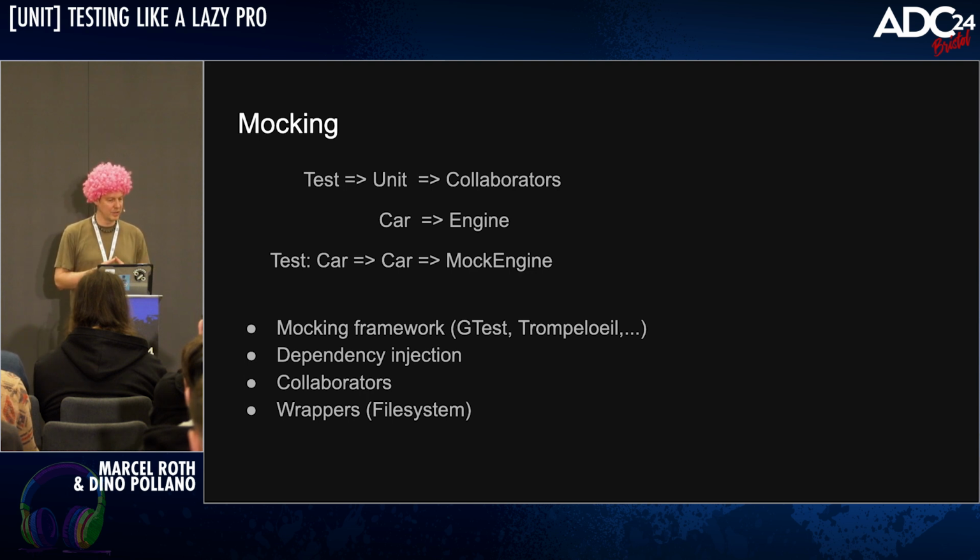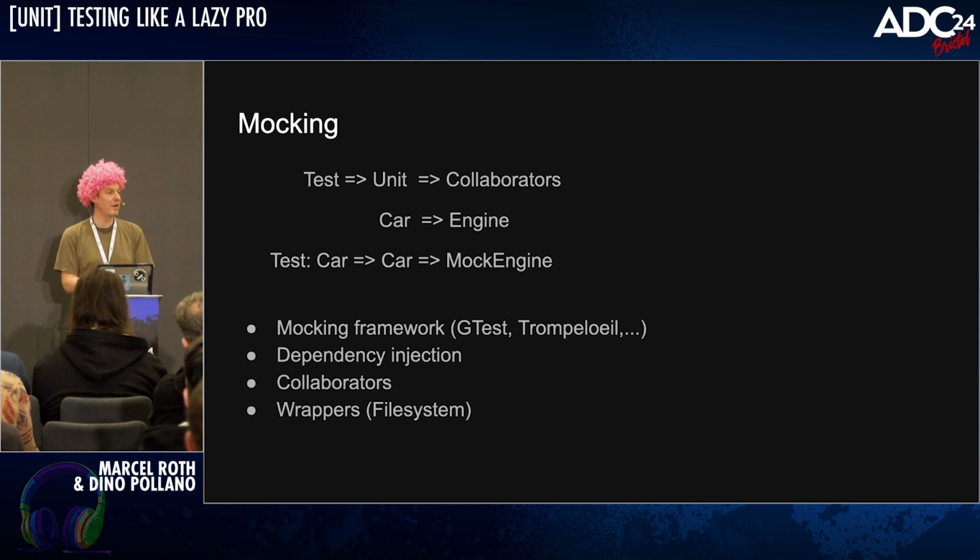So again, that would still be unit testing, because then your unit is the car, it's not the engine, and thereby you need some mocking framework that can help you with that. You work with what's called dependency injection. You put the engine in the car, so to say. You pass an instance of an engine to your car constructor in programming terms. And the engine would be a collaborator.